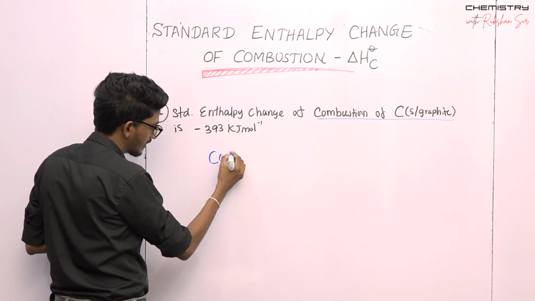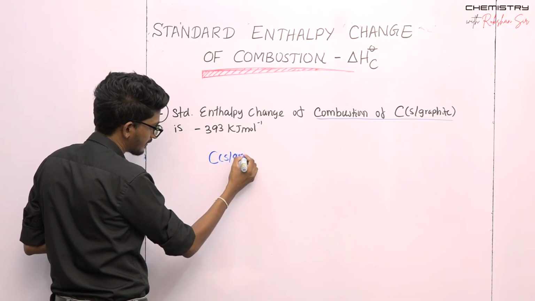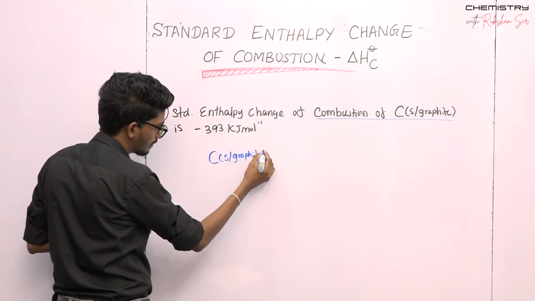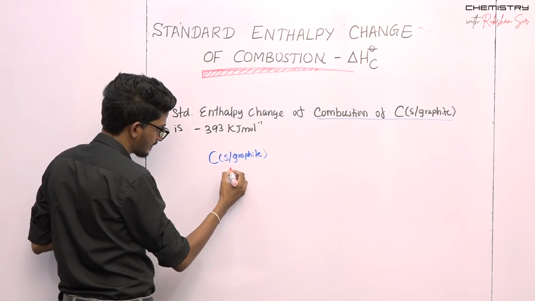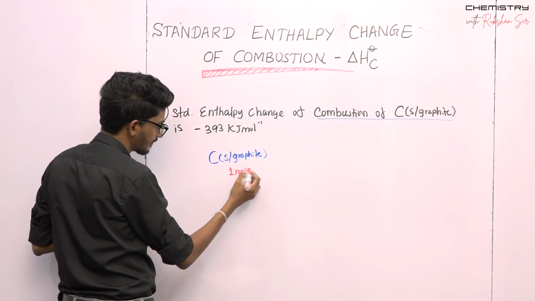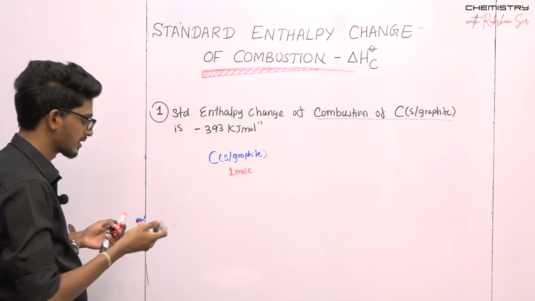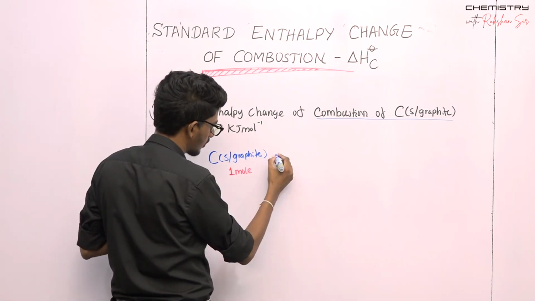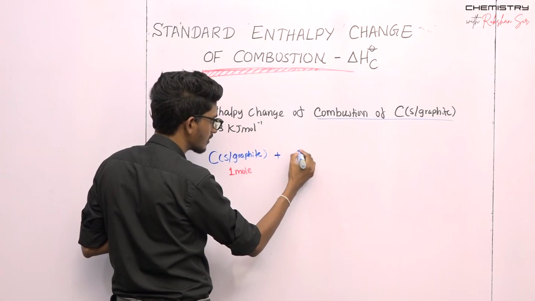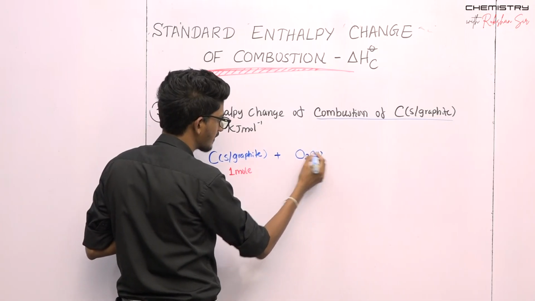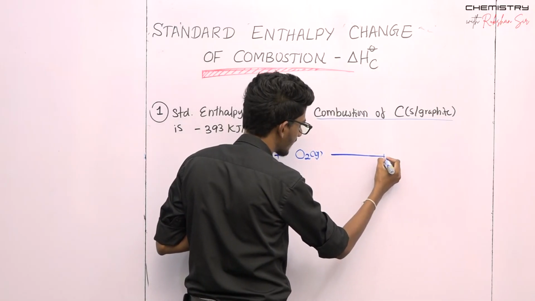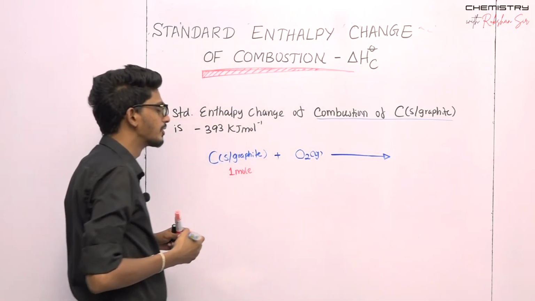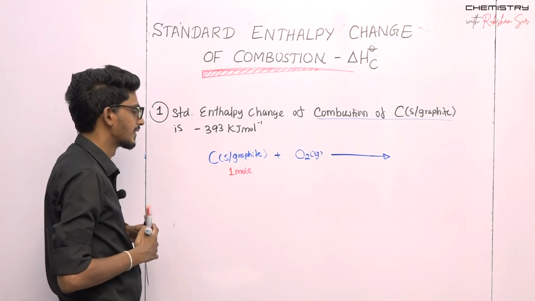Carbon solid graphite is the species to start with, where the 1 mole appears. Combustion means reacting with excess O2 gas to produce products at the standard state.